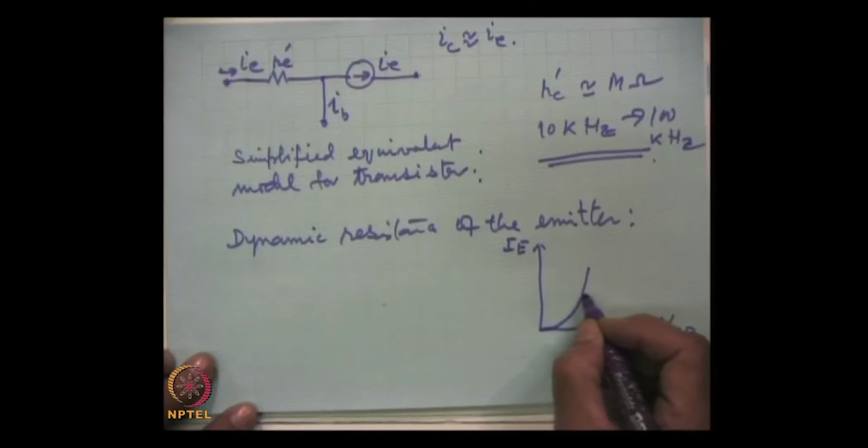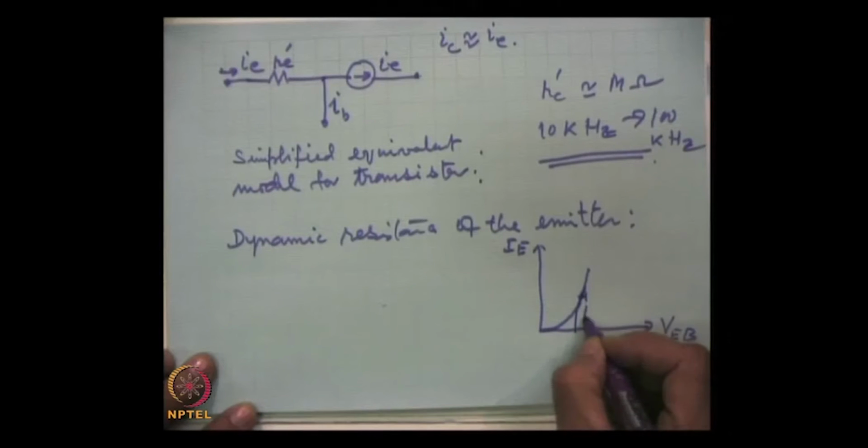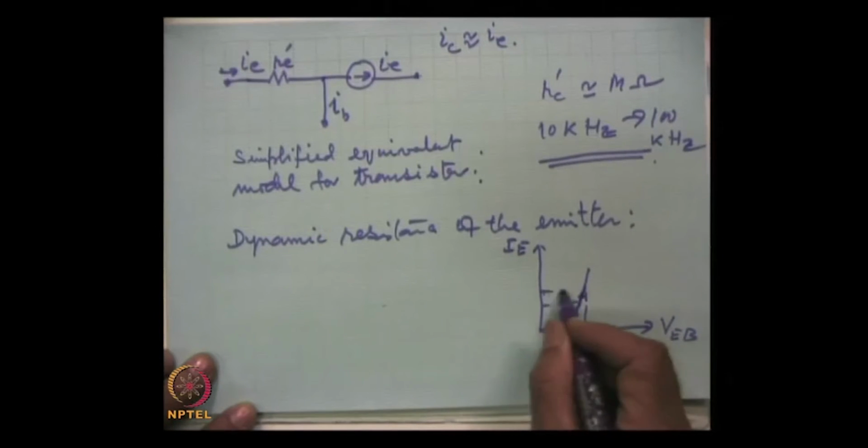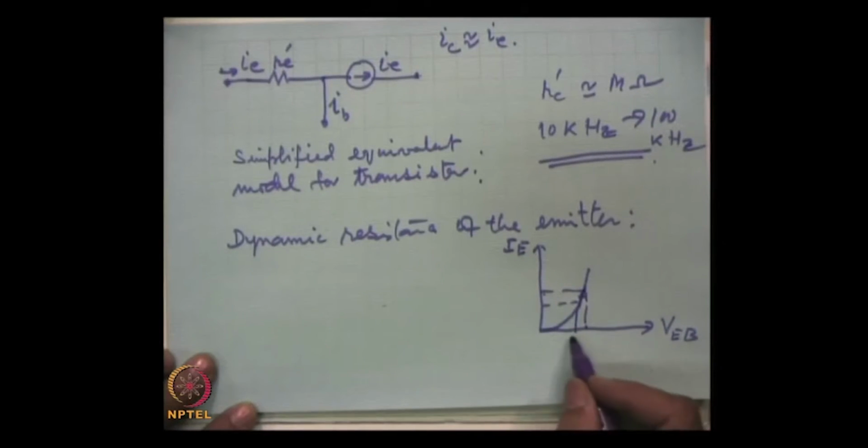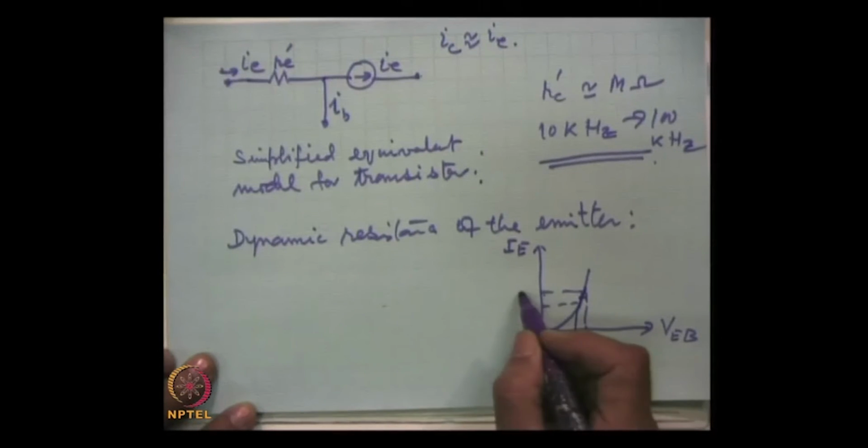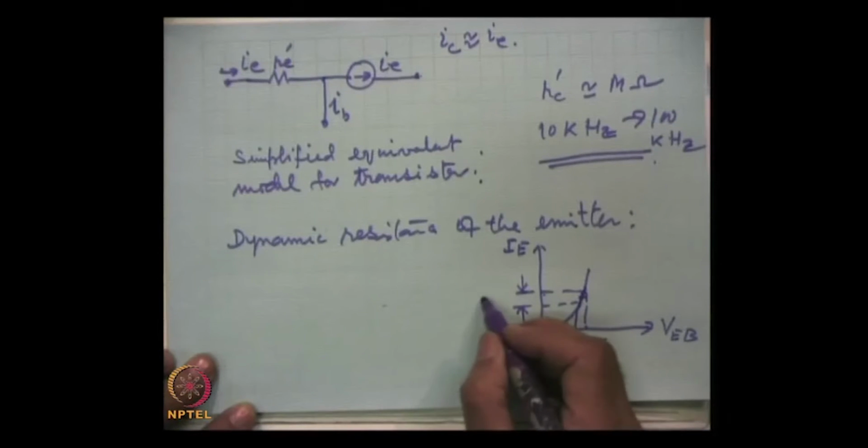Here we take the operating point somewhere here, and we take the changes: this much change in voltage V E B changes the current by this amount.